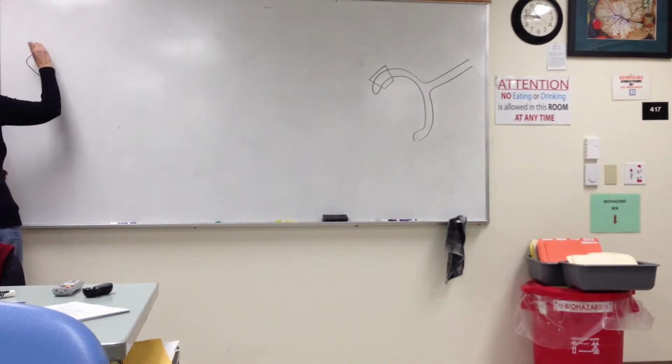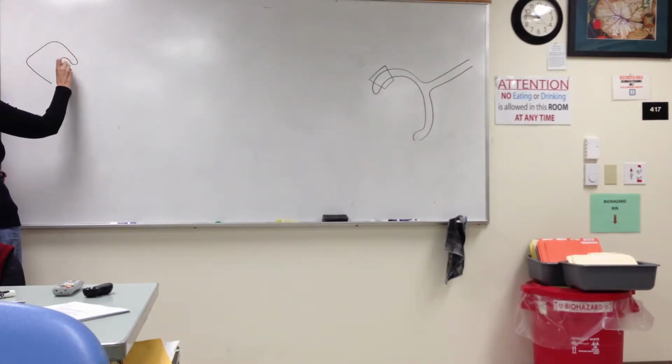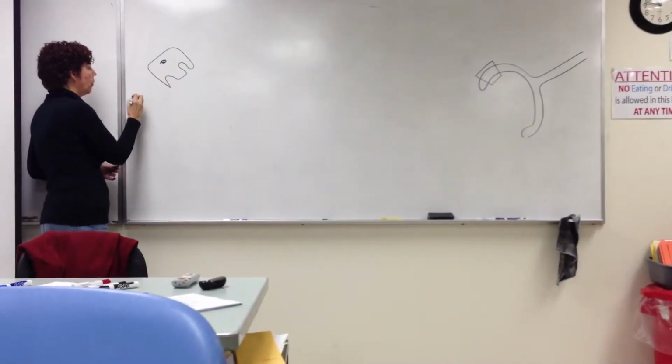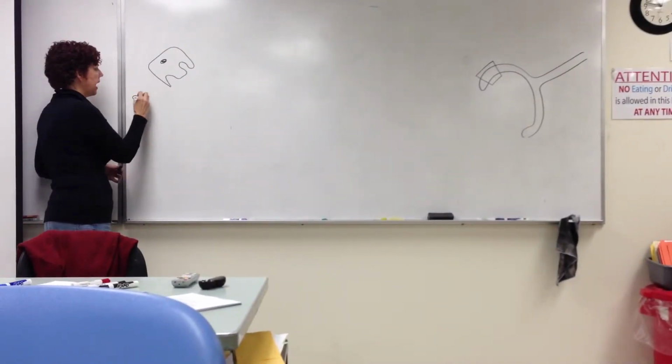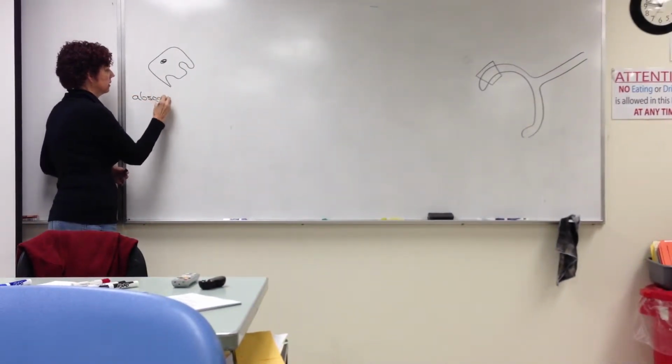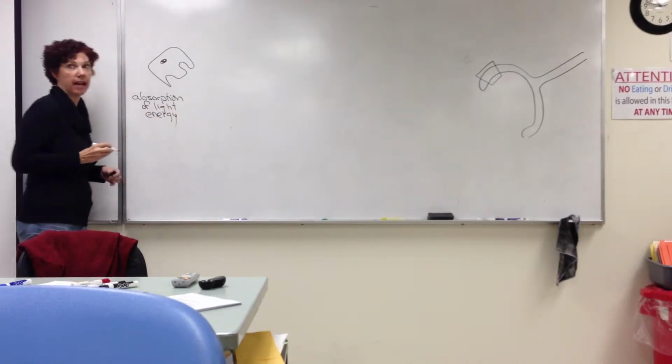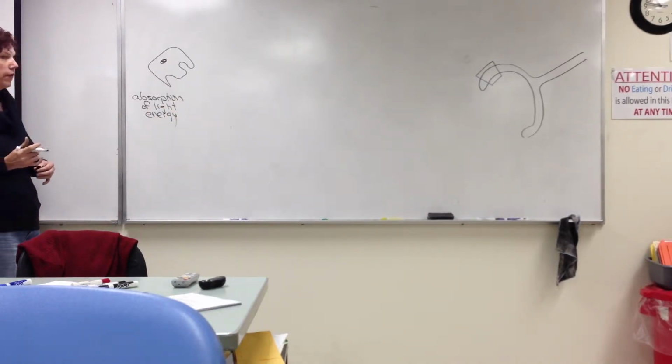The pigmented cells, also known as the retinal pigmented epithelium, contain melanin, and they have two major functions. One is the absorption of light, so that it doesn't bounce around inside the eye and create additional images that would blur the focus.